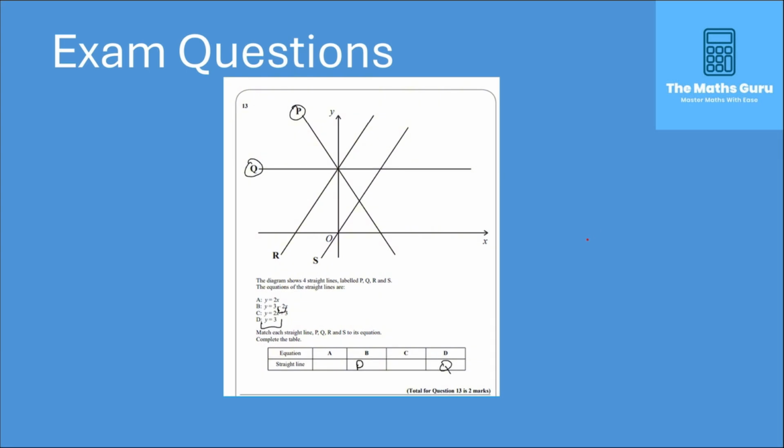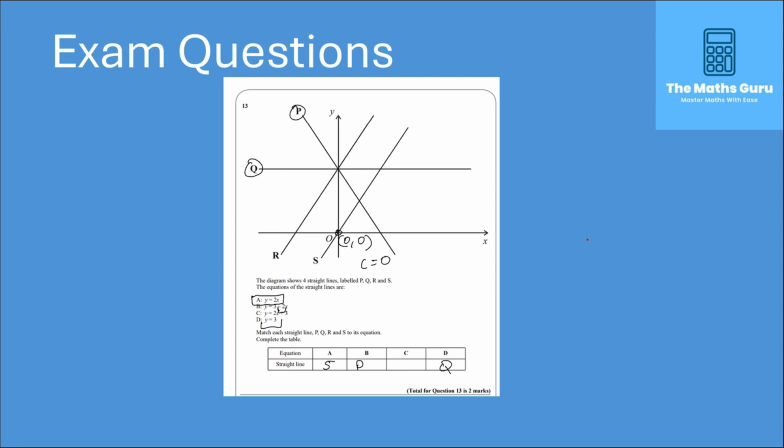Now I can see that line R intercepts somewhere which isn't at 0. A has an intercept of 0 because there is no c term, it's just y equals 2x. So I know that A is going to be S because it intercepts at 0, 0, meaning c would be 0 and therefore wouldn't show up in the equation of the line, which is exactly what A is.